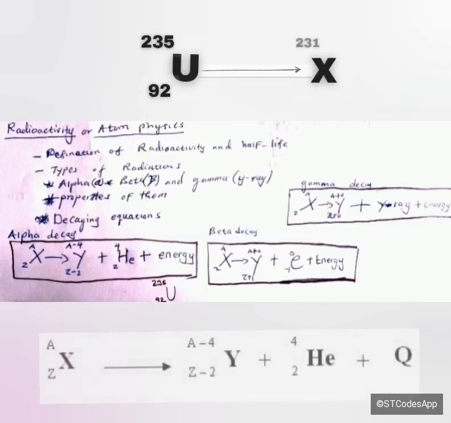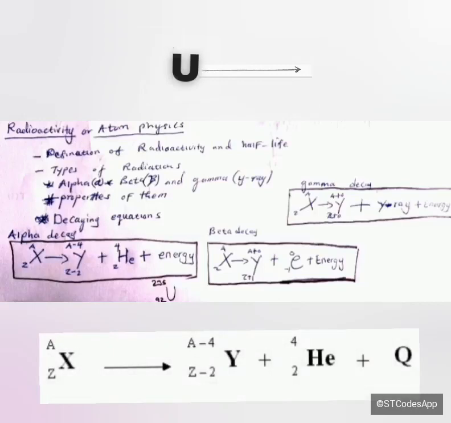Since here we have 235, on the mass number we can have 231. Then the proton number or the atomic number of the nuclide is going to be 90, since 92 minus 2 gives 90.